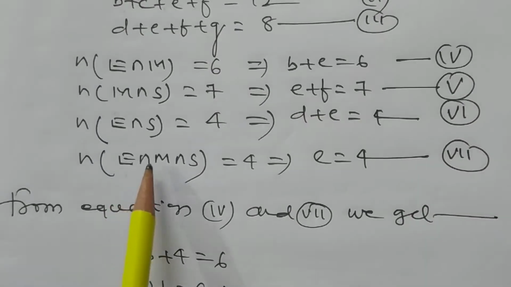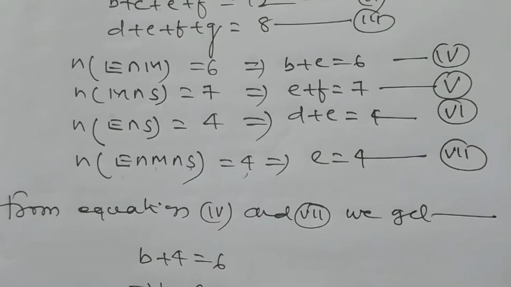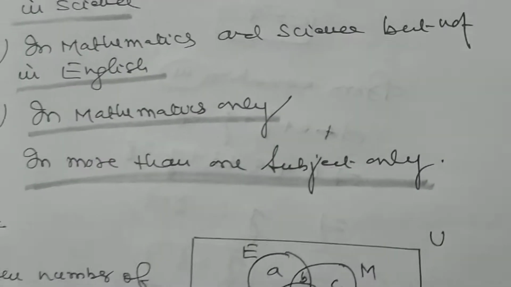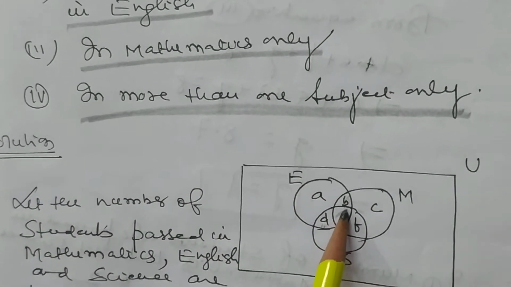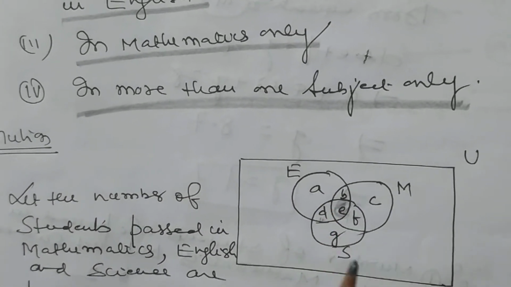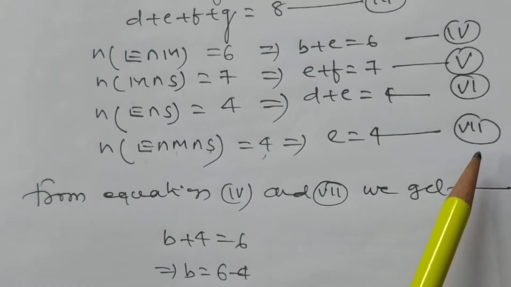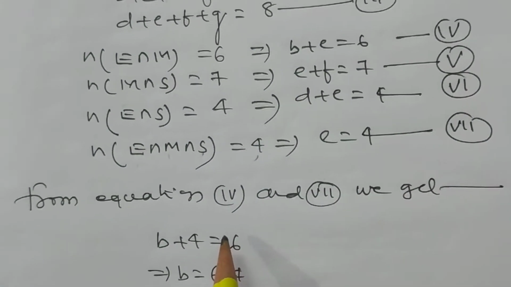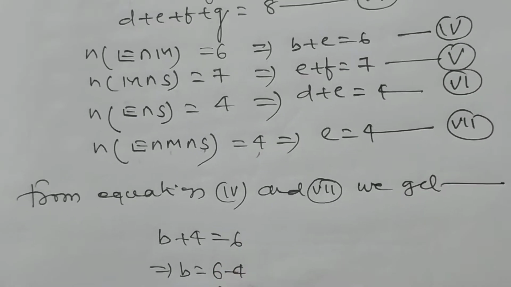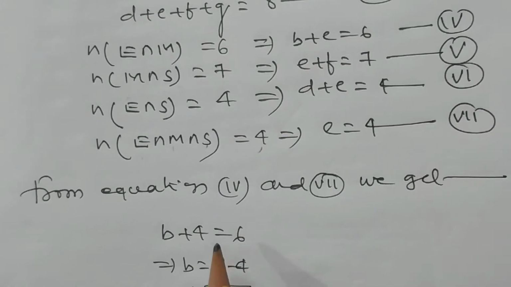Cardinal number of E intersection M intersection S is equal to 4. That is, this E is equal to 4. My dear student, taking these 7 relations, now we will get the value of all these sub-segments.